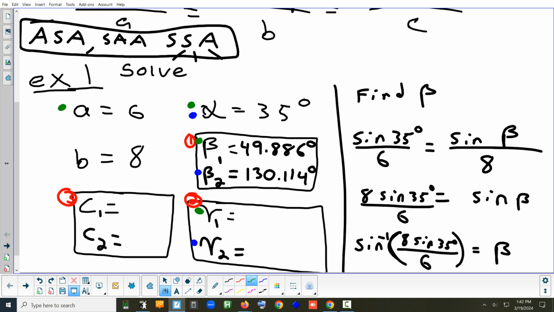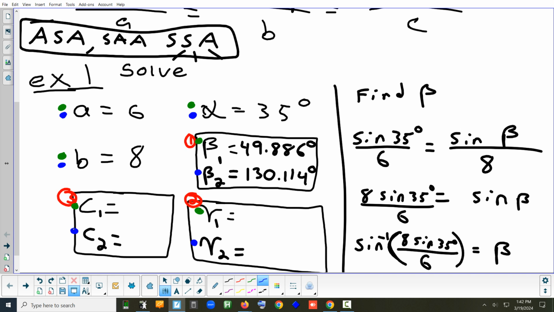A is in one of the problems, B is in one of the problems, and C1 is in one of the problems. A is in the second problem, B is in the second problem, and C2 is in the second problem. So wherever I put green dots, that represents the sides and the angles for the first problem, and the blue dots represent the sides and the angles for the second problem.